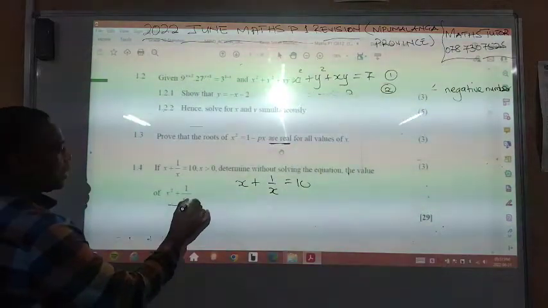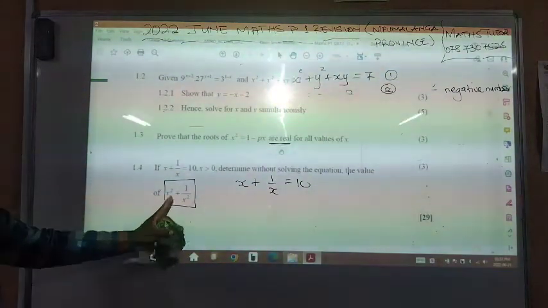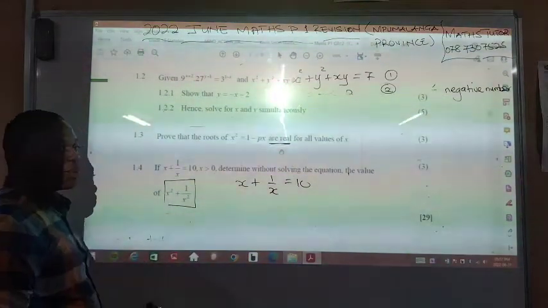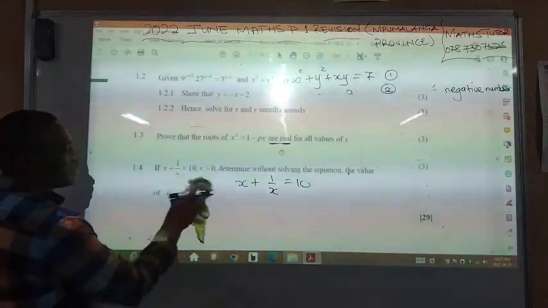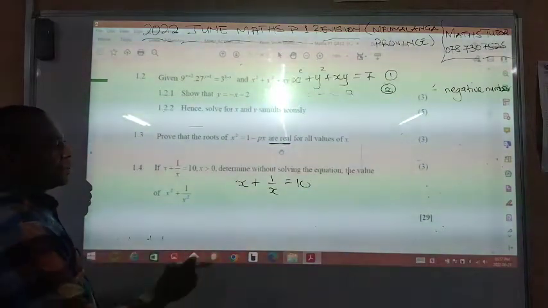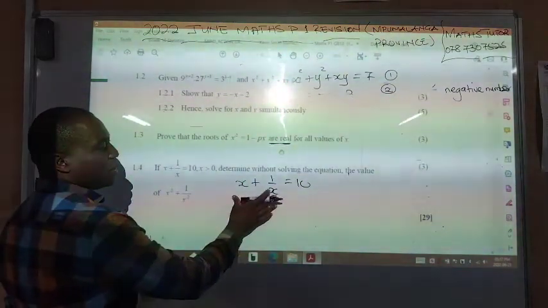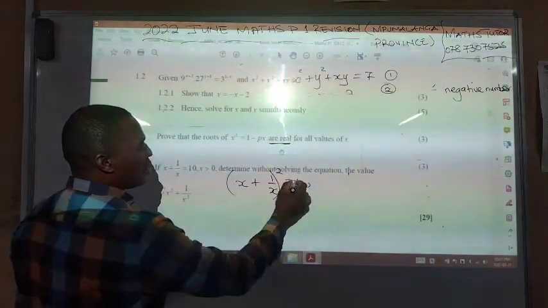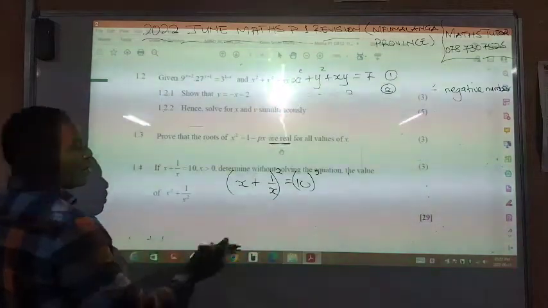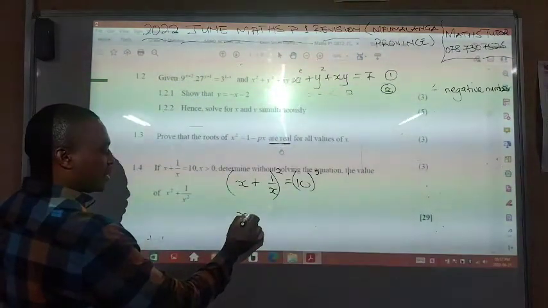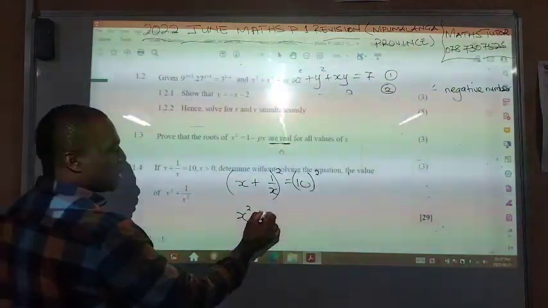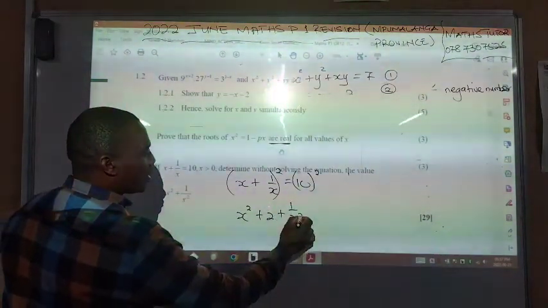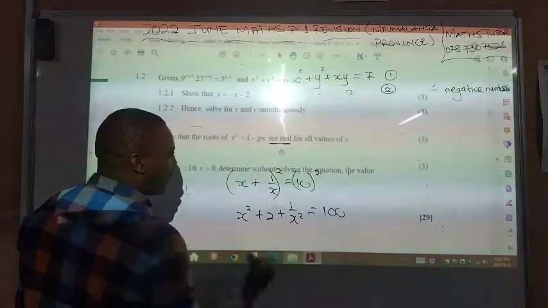Now, how do we get this x squared plus 1 over x squared from this? If you have tried a few problems in the past, you should have noticed that to get this, you need to square this. So if we square both sides, if we square this side, we get x squared plus 2 plus 1 over x squared is equal to 100.